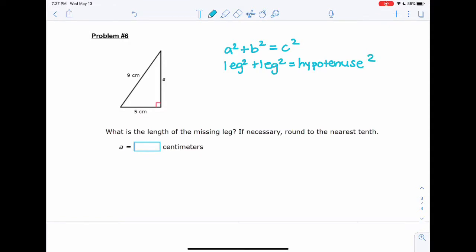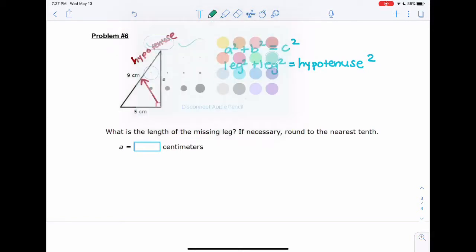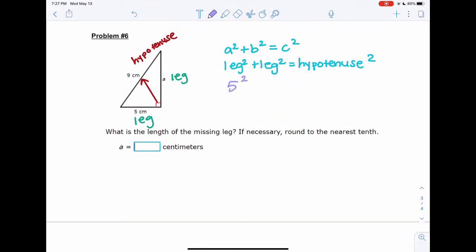Okay, I'm going to label my parts. Across from my right angle is my hypotenuse. And that means the other ones are leg and leg. So I know one of my legs is 5. I get 5 squared. My other leg is unknown and they put a as the variable.